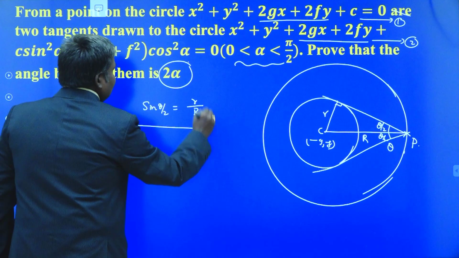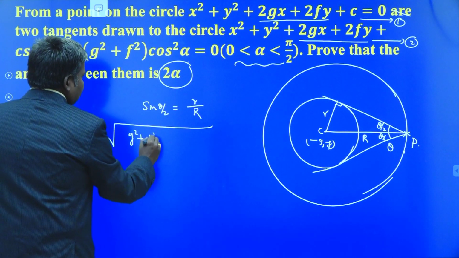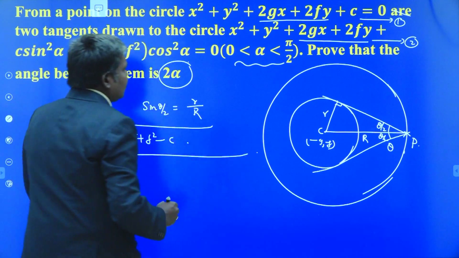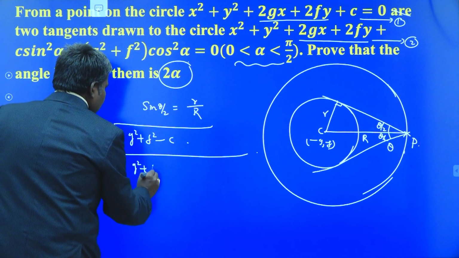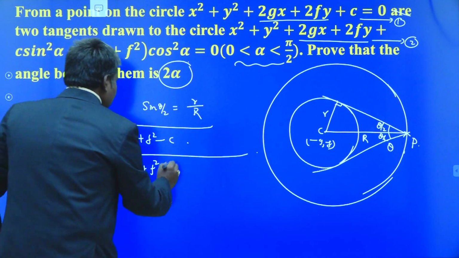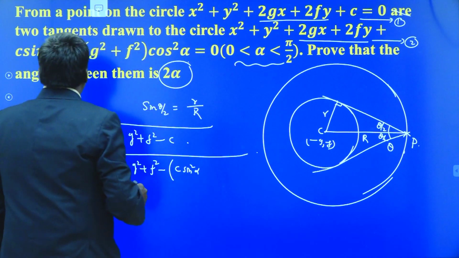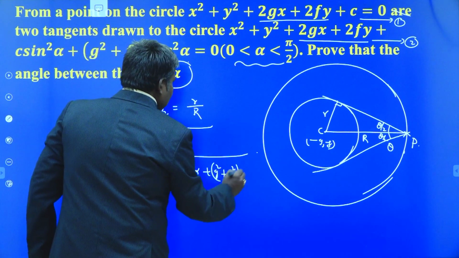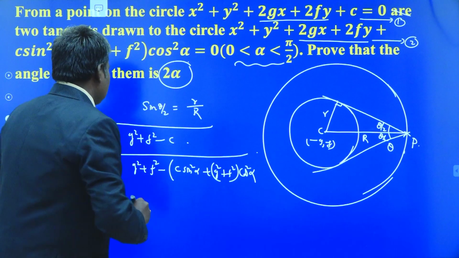What is capital R from the first equation itself? The radius of the first circle is root of g square plus f square minus c. What is small r? The radius of the second circle is obtained by g square plus f square minus the constant. What is my constant? The entire thing: minus of c sin square alpha plus g square plus f square times cos square alpha.